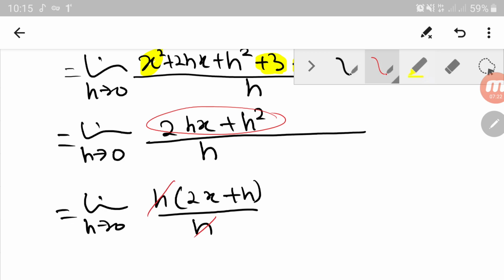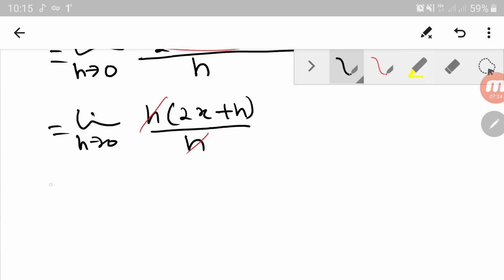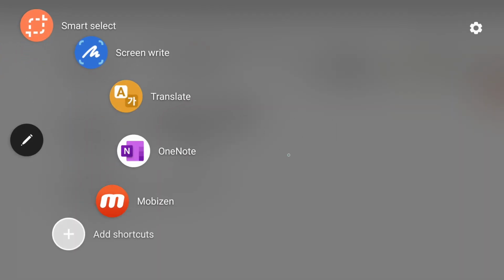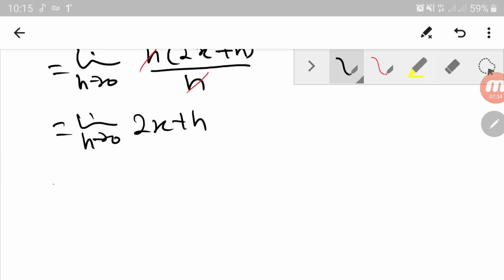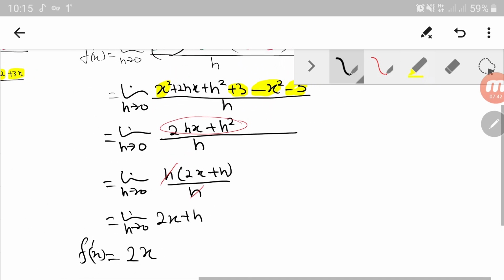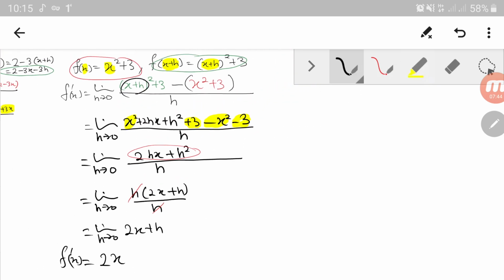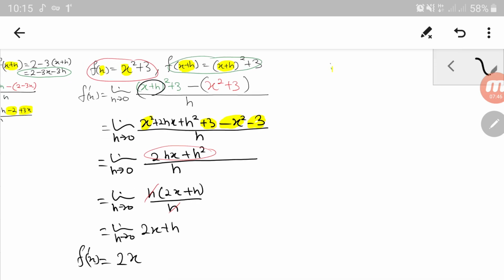Now the h we can cancel out, which leaves us with 2x plus h. So we substitute the h with 0, leaving us with 2x. So this is the first derivative for f(x) when f(x) is x squared plus 3.